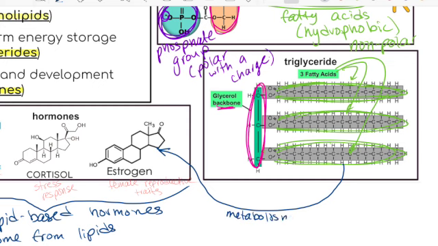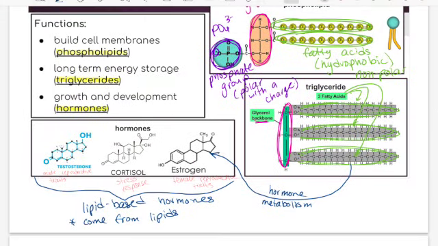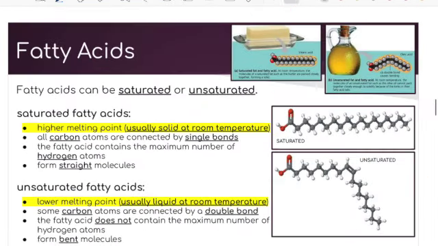Because remember, metabolism is the chemical reactions that use energy to make substances, or that break down substances to make energy. Any chemical reaction that's making a substance or breaking it down, using energy or making energy, that's metabolism. So hormone metabolism is going to take these fatty acids, use energy, and make a hormone.